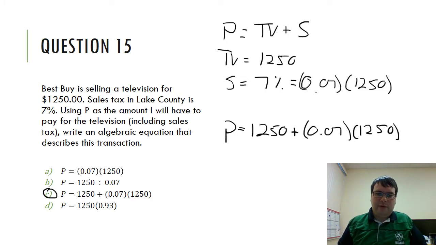So that being said, let's just go back to our formula here. We said P is equal to the TV plus the sales tax. And that is actually going to be an answer choice C.